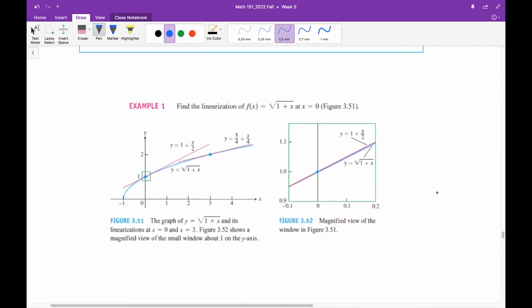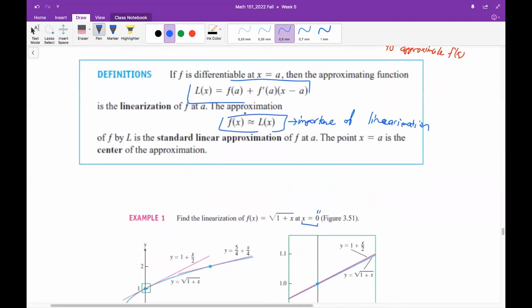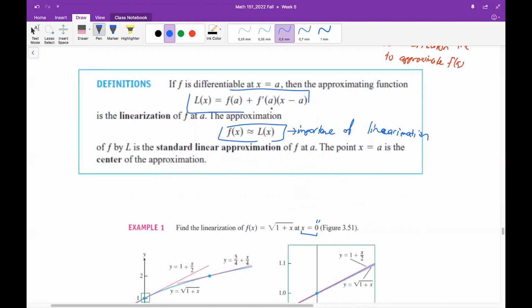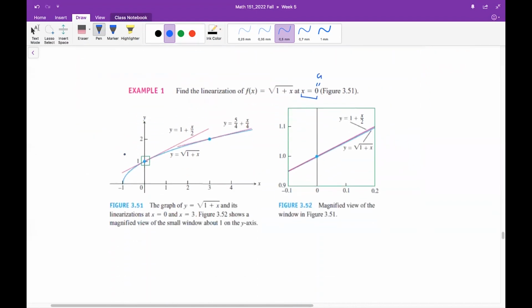So this is our first example. We will be dealing with this function: f of x is the square root of 1 plus x. We want to find the linearization of it at this particular point, so we will choose a in the expression as 0, okay? The same story applies here. At this point, you draw this tangent line.